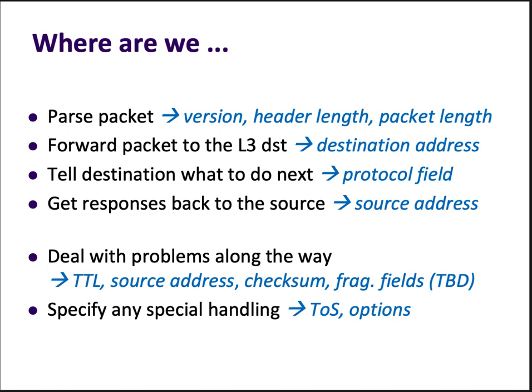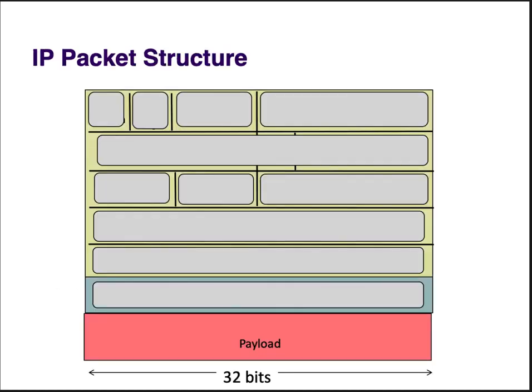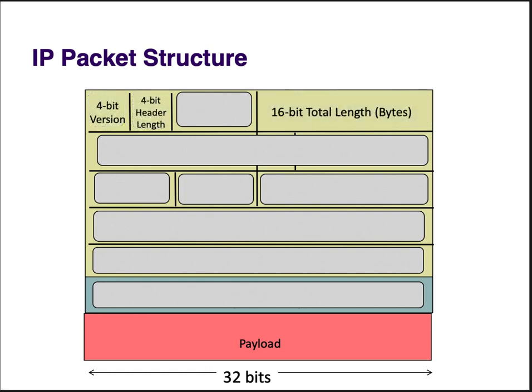I'm going to very quickly just flash the IP header here at you because we've covered it. So we show the IP header, it's aligned on 32-bit boundaries, so 4 bytes. Fields you'd expect to see in the IP header for parsing, you have a version number, you have a header length, and a total length in bytes. The header length is counted in multiples of 32 bits, so in multiples of 4 bytes.